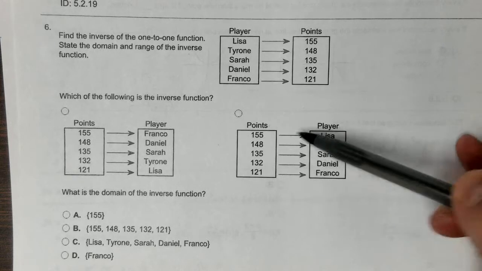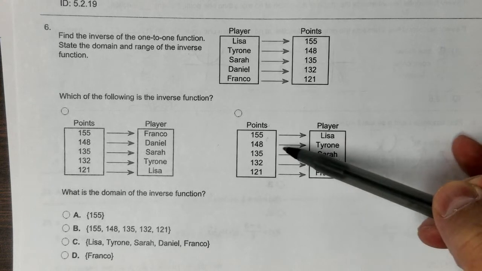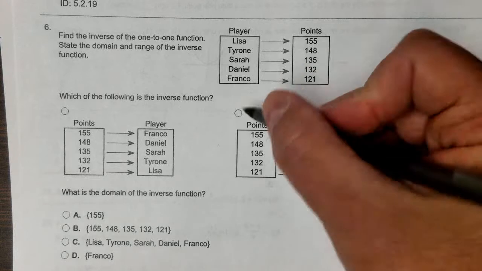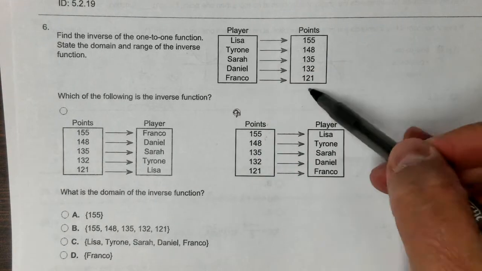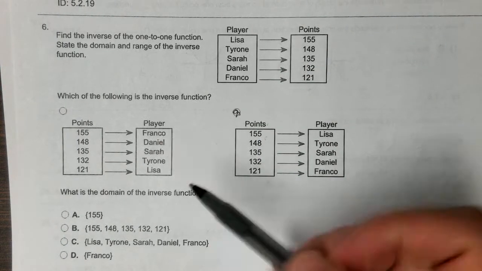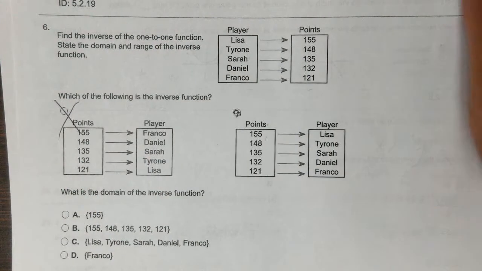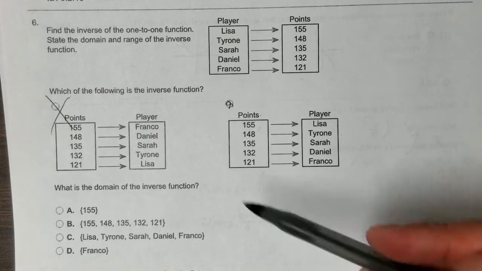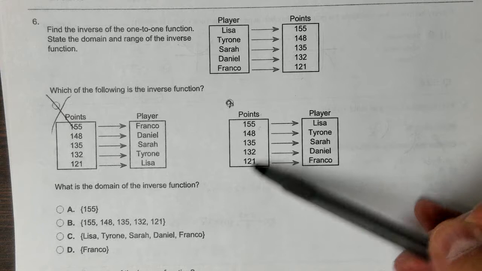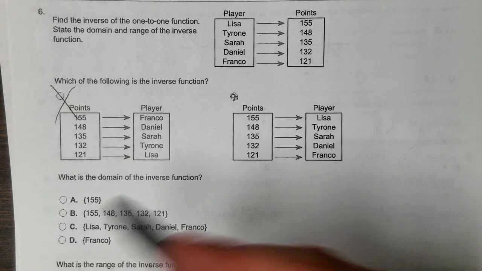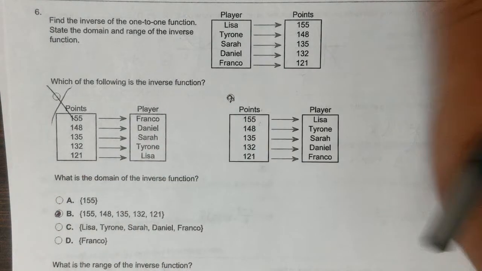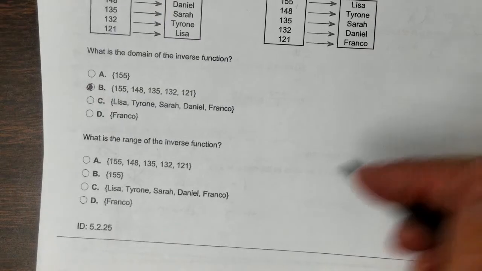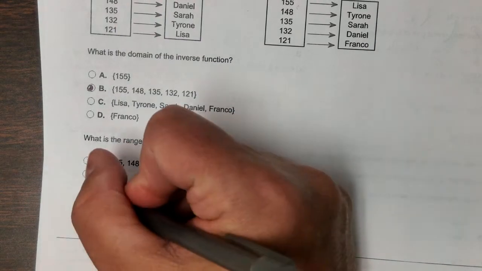And 155 goes with Lisa. So it's this one. So Franco had 121, so that's why it's not that one. And then the domain of the inverse would be the numbers, which is B. And the range would be the names, which is C.